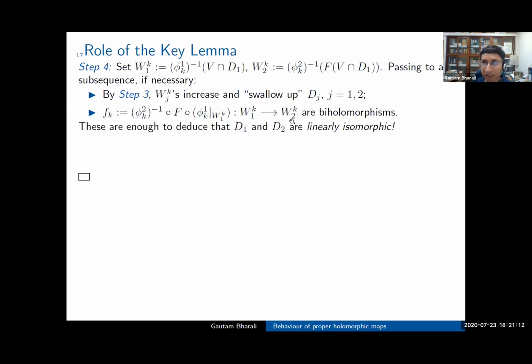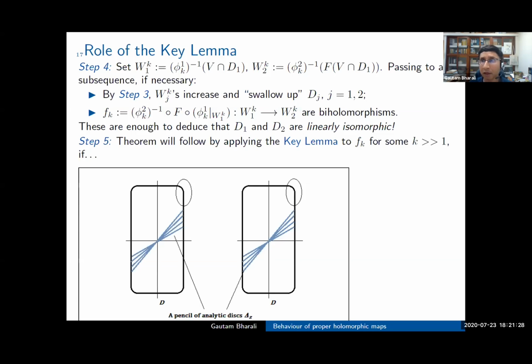I'm still not in the situation of the key lemma because a priori my d1 is not equal to d2, but with the info that I have stated above, this info is enough to in fact infer that d1 and d2 are linearly isomorphic. So now I can state that, hence, going forward, I'm just going to assume d1 is equal to d2.